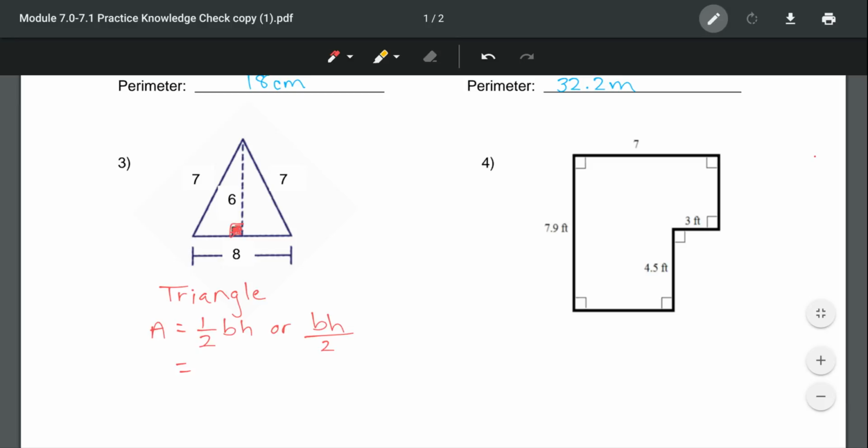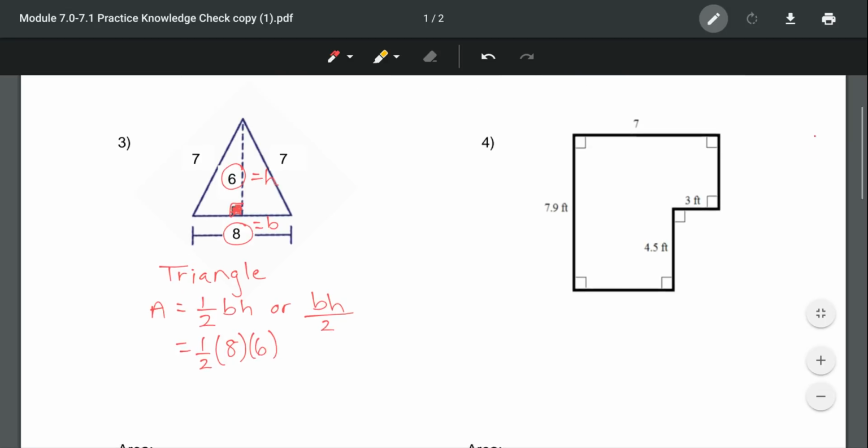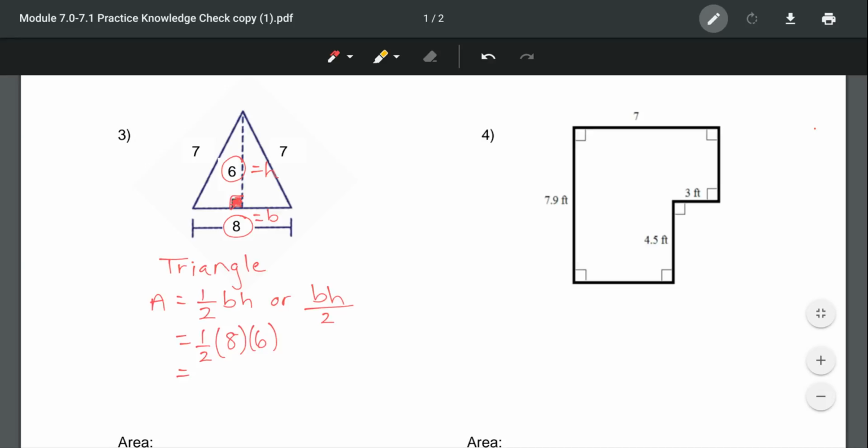The side lengths that are perpendicular to each other are 6, which would be the height, and 8, which would be the base. So plug it into your formula: 1/2 times the base, which is 8, times the height, which is 6. Half of 8 is 4, and 4 times 6 is 24. Since we don't have specific units, we would just say units squared or squared units.